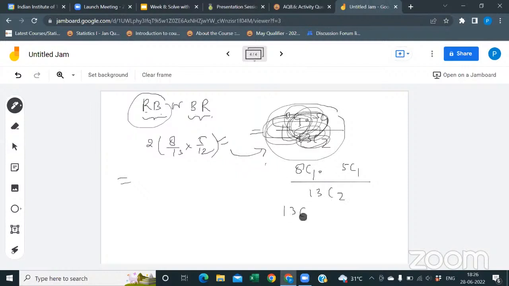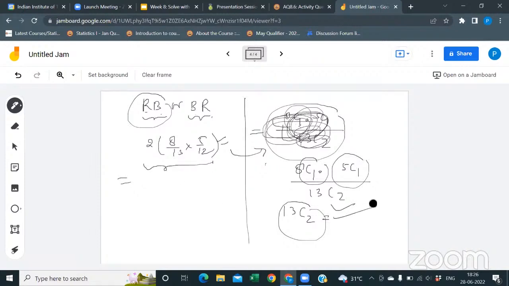See, what is the meaning of 13C2? It means you are selecting two balls out of the total 13, and one is red and one is blue. Let it be; if you feel difficulty, then this is a simple one. Suppose the condition is that one of the balls is blue and one is red.